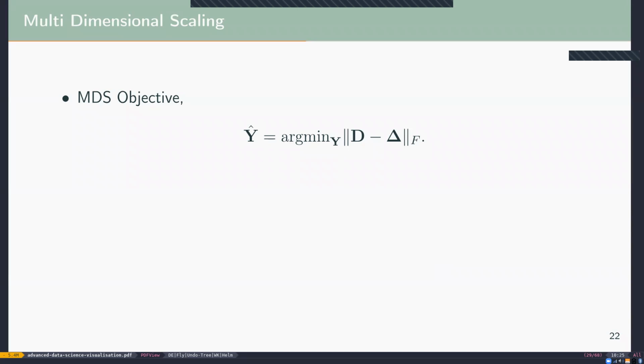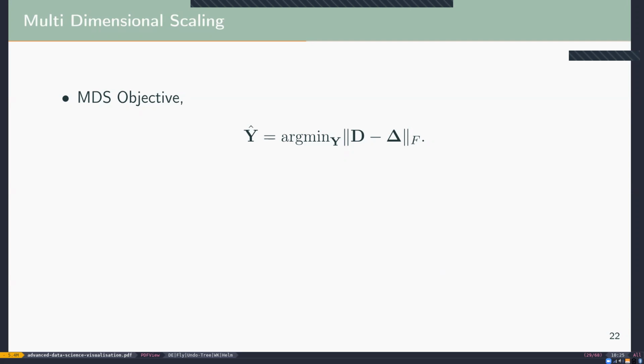We're going to do this using the Frobenius norm. The Frobenius norm is really simple. It's just the extension of the normal Euclidean vector norm to matrices.